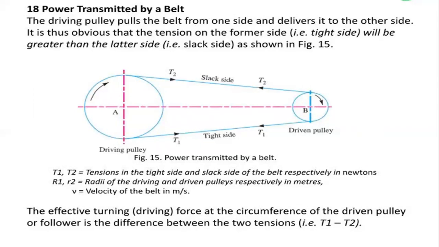The driving pulley pulls the belt from one side and delivers it to the other side. You already know that the driving pulley is the main pulley used to transmit the power to the driven pulley.